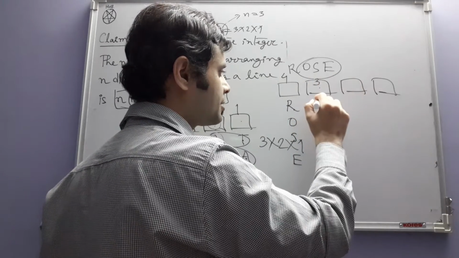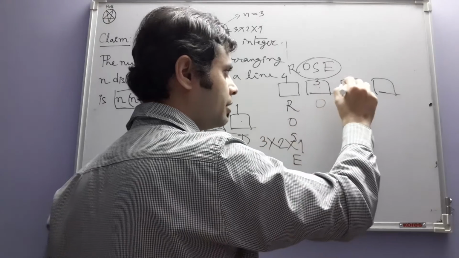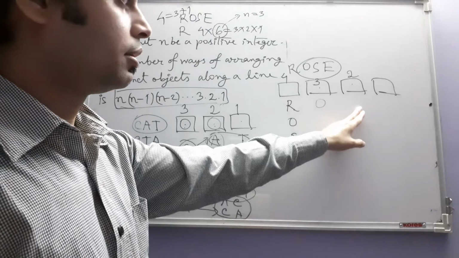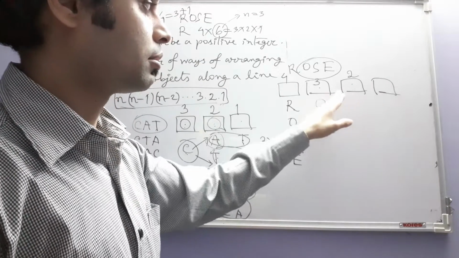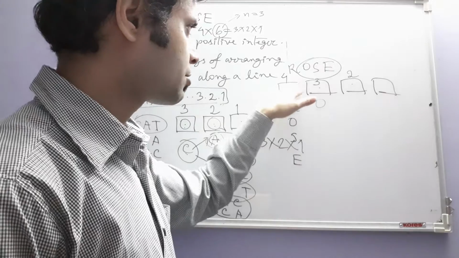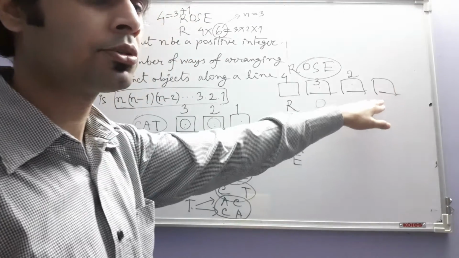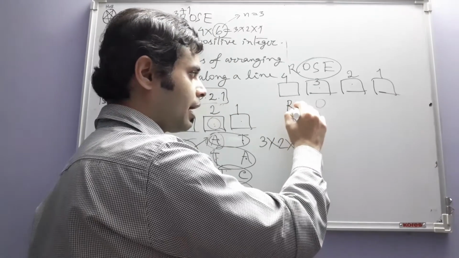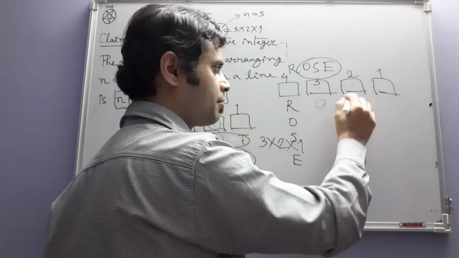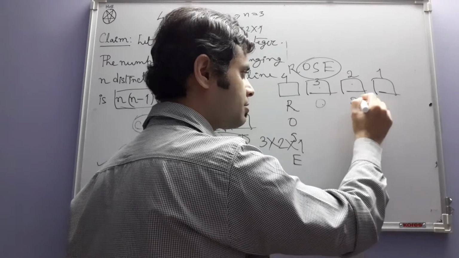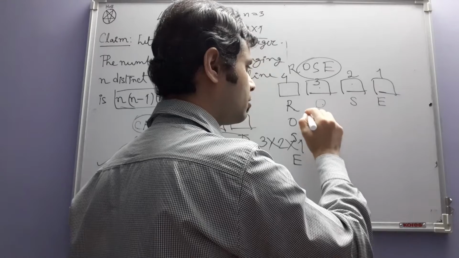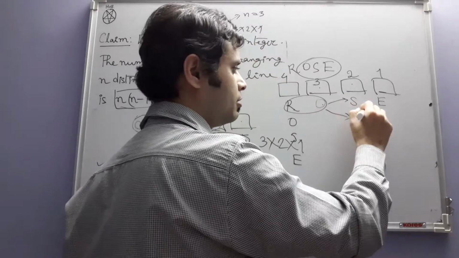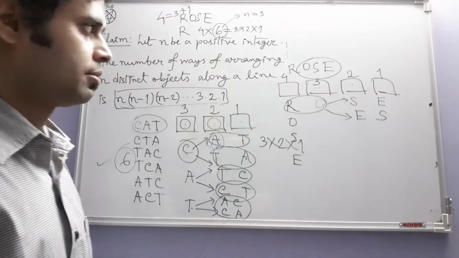Once I choose something, for the second one I have 2 possibilities left, and for the fourth one I have only 1 possibility. So if I choose R and then O, then I can write S or E, or for this same thing I can write E or S.